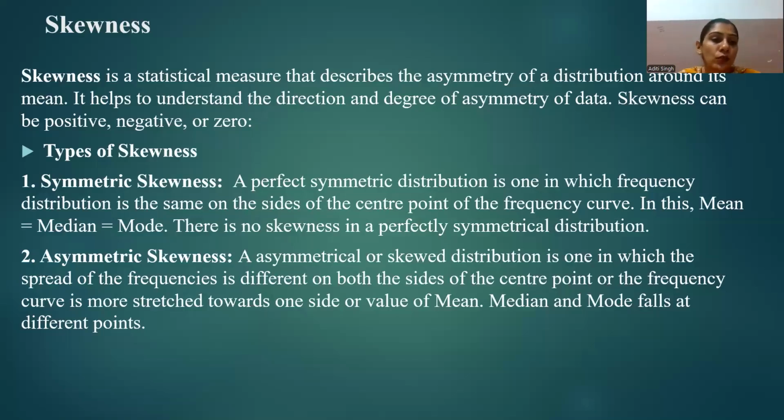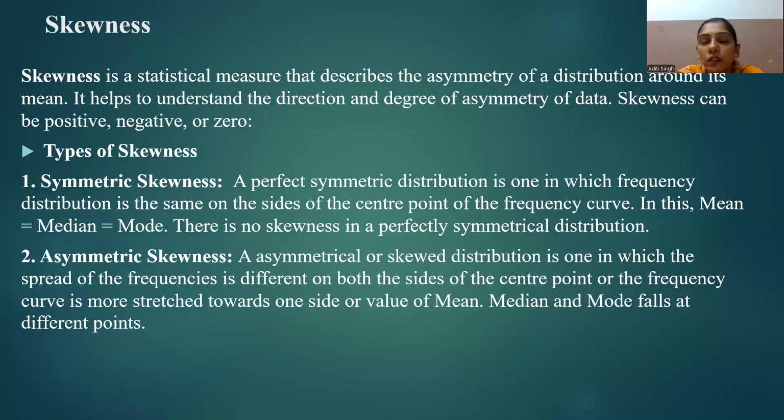Now let's discuss the types of skewness. Skewness is of two types: symmetric skewness and asymmetric skewness. Symmetric skewness is also known as zero skewness, and asymmetric skewness is further of two types: positive skewness and negative skewness.